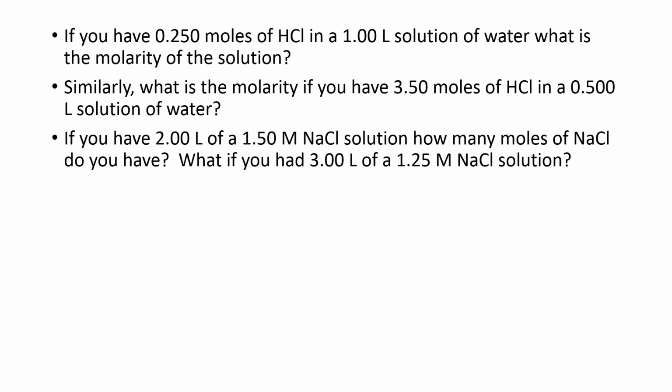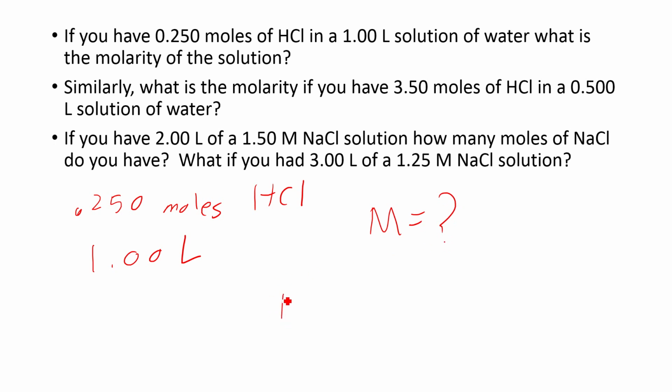So our first question, we know we have 0.250 moles of HCl, and we have a 1.00 liter solution. What's the molarity is the question, so what's our concentration? Well, we know that molarity is equal to moles over liters.